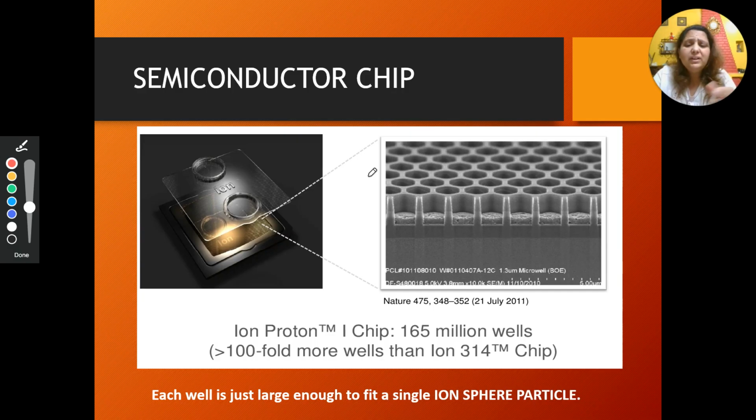Similarly, we had also discussed in 454 that there are some wells present on the chip, and in those wells the bead, that is the 454 bead, can be inserted. So I hope you remember that part कि 454 sequencing में भी हमने ये किया था कि जो हमारी plate होती है, that plate has a number of wells, and each of these wells is capable of holding one EMPCR bead. Okay, one magnetic bead, एक bead को वो hold कर सकता है.